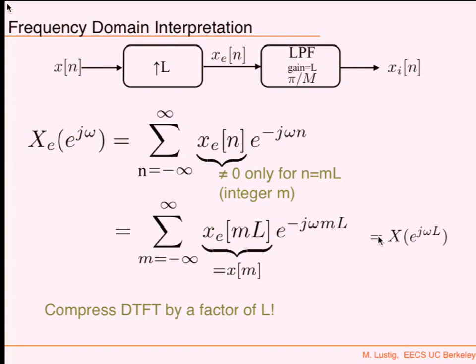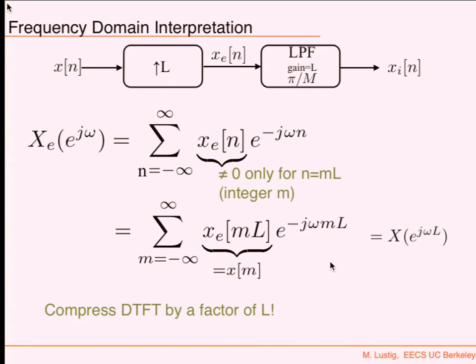This is the effect of putting zeros: compression of the DTFT by a factor of L. When we downsampled, it stretched by a factor of M and then was replicated. Now we get a compression by a factor of L, with no replication.